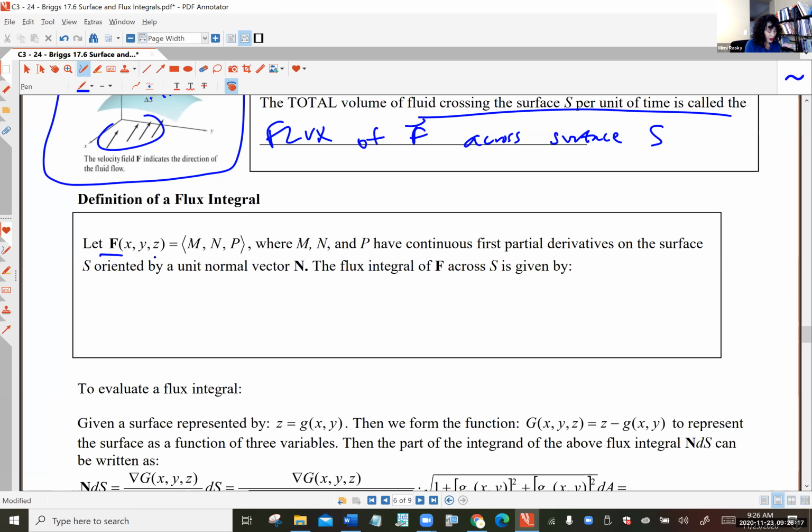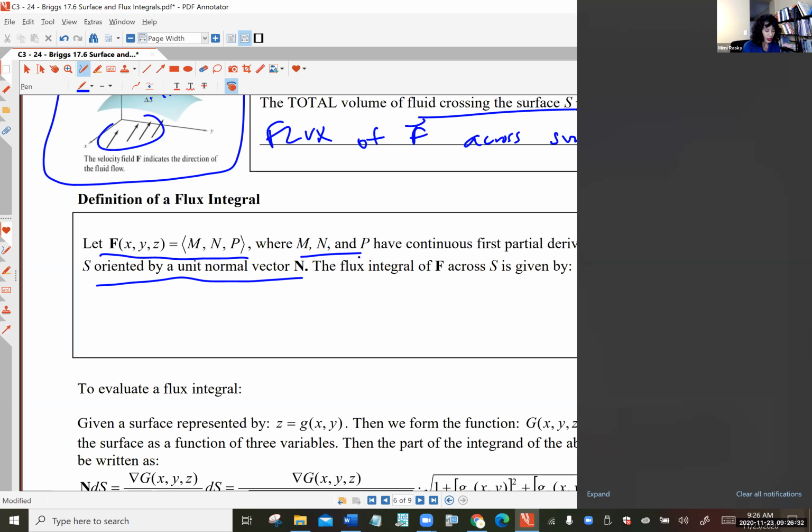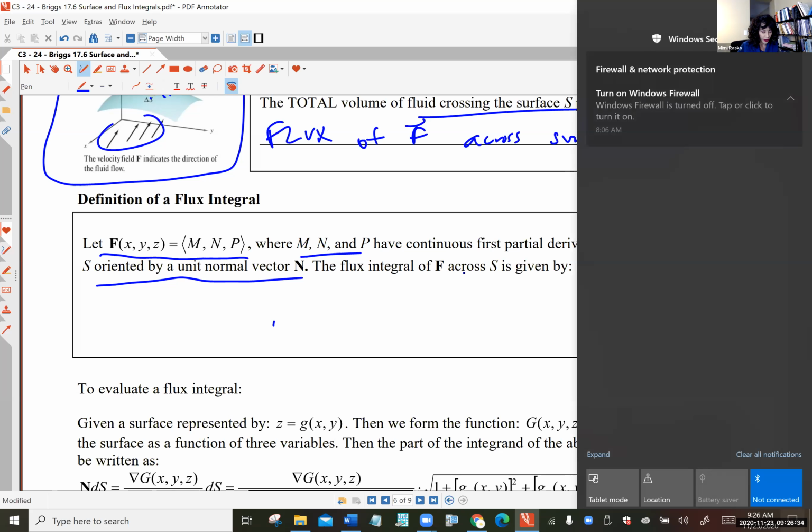So if you've got a vector field with components M, N, and P, where M, N, and P have continuous first partials on your surface S, and we want it oriented by a unit normal vector N. So you're orienting your surface because it does have two sides. It's not one of those Möbius strips or anything like that.